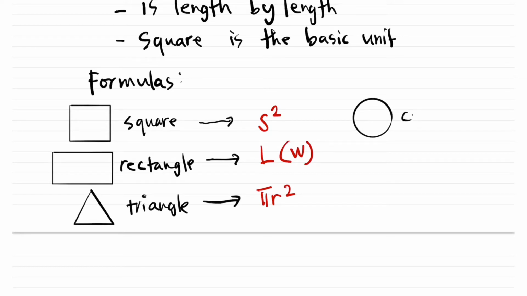The formula for a circle is pi r squared.